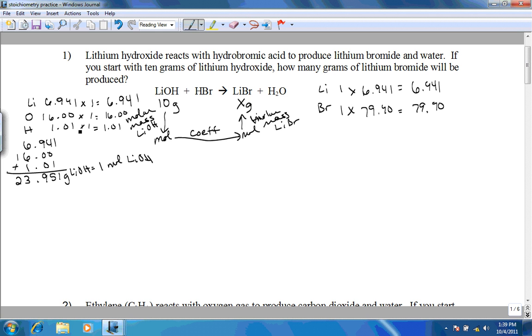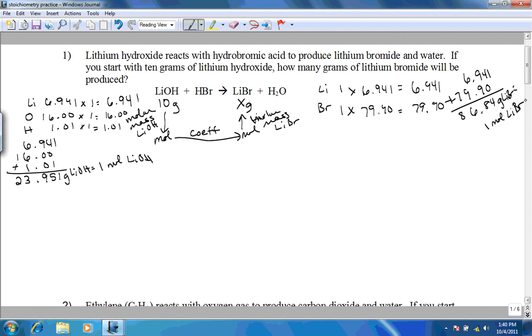We found these numbers off the periodic table on the left-hand side. So we're going to add these 2 numbers together to figure out the conversion factor for the lithium bromide. So it's 86.84 grams of lithium bromide is equal to 1 mole of lithium bromide.